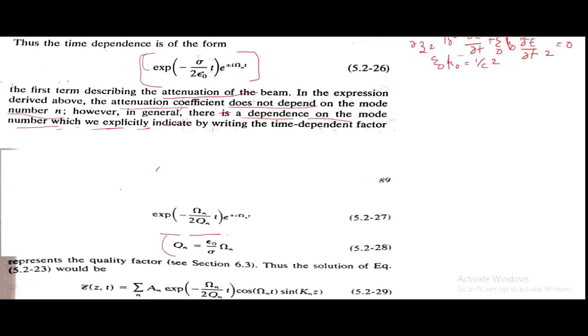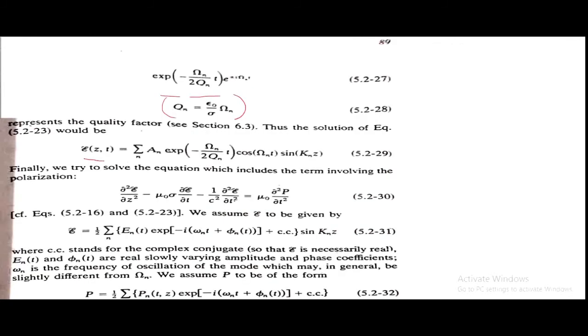But here Q_n is the quality factor, which is given as Q_n equals epsilon 0 omega_n by sigma. Equation 23 becomes E_z(t) equals sigma over n of a_n exponential minus omega_n by 2Q_n t into cos omega_n t sin k_n z.